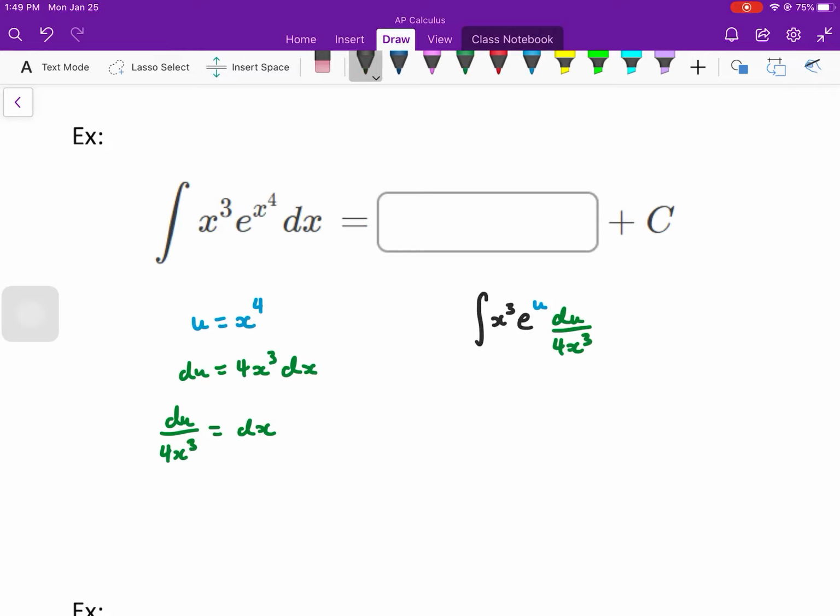The x cubes cancel out. That 4 is on the bottom. So I'll bring that 4 out to the front, but remember it's on the bottom.